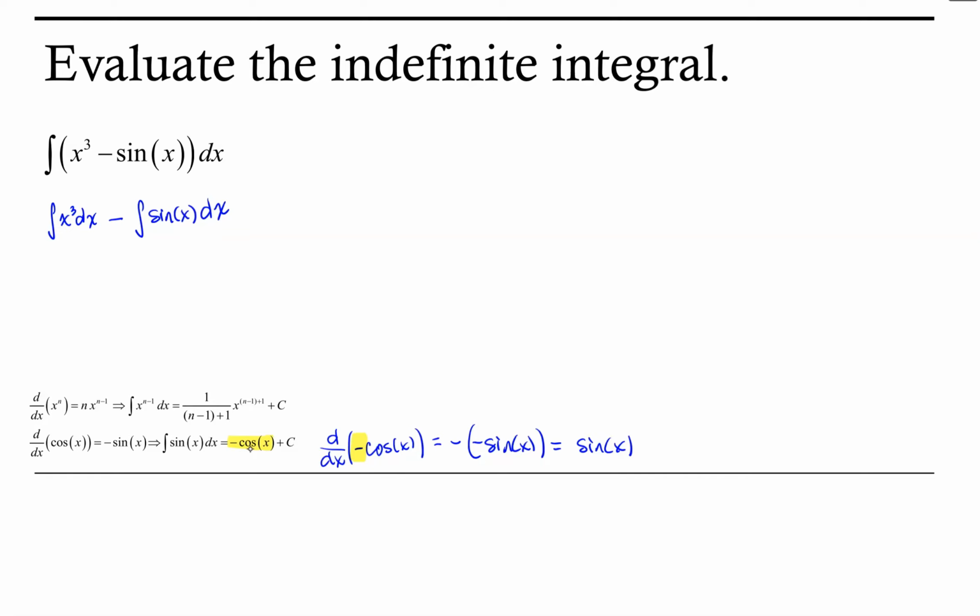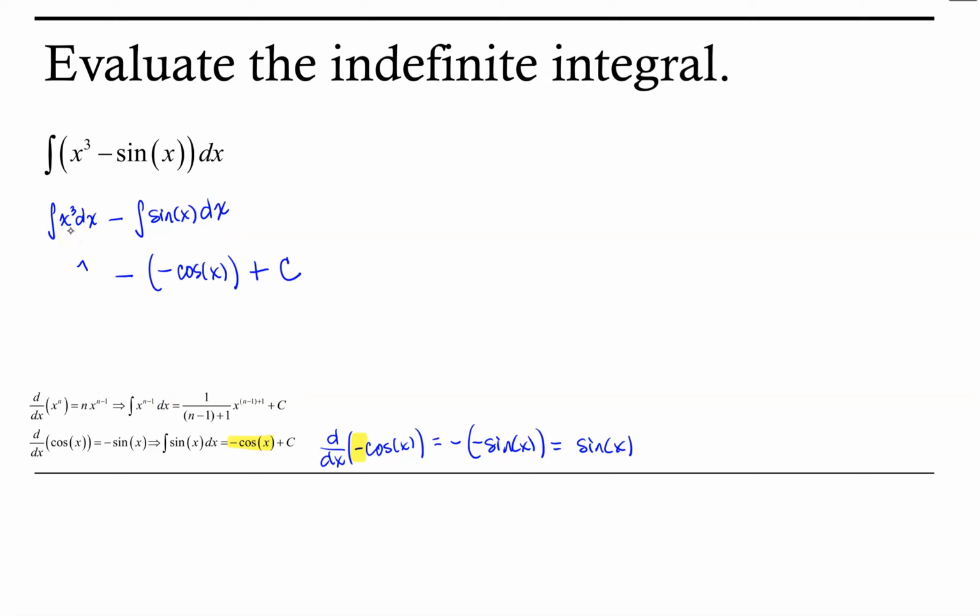So when I take the antiderivative of sine of x, that involves the negative cosine of x. So we're going to get minus negative cosine of x. We'll have plus our constant of integration. Now, let's use the power rule for our first term.